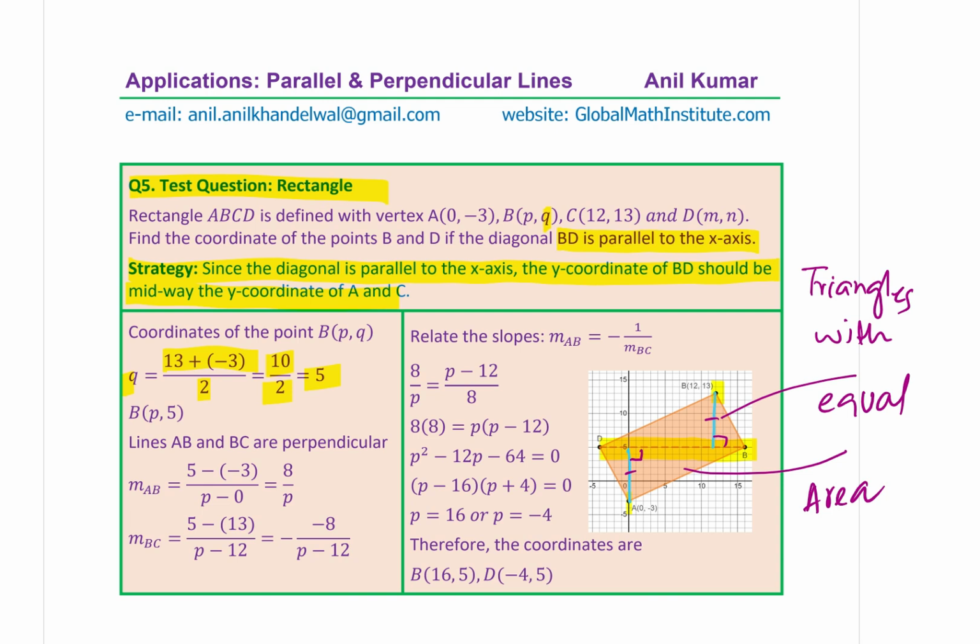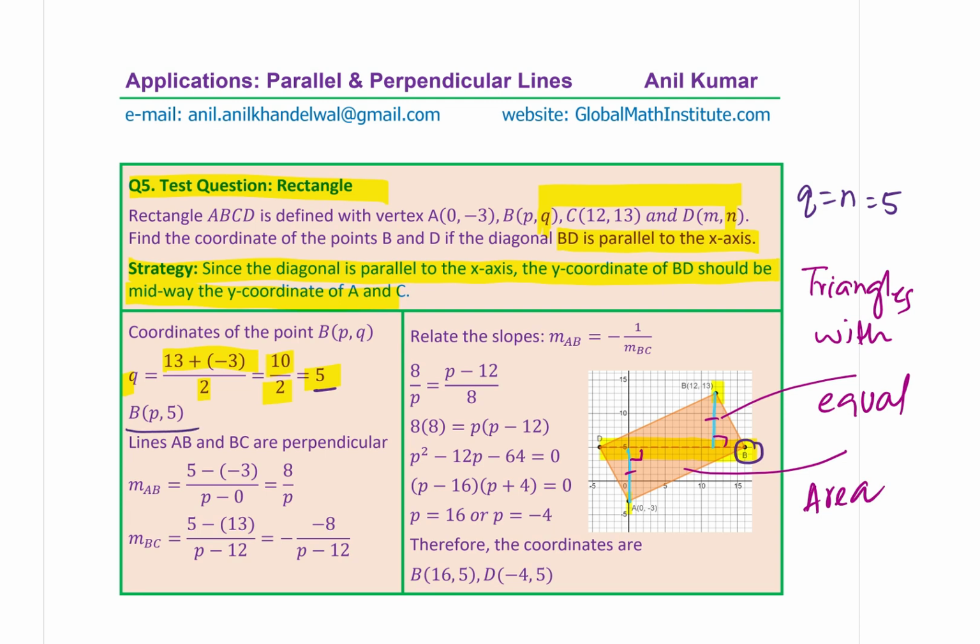So the first thing we did was to find q. Now since it is parallel, we know m, n and q are the same, right? Parallel means the y values are the same. We know q is equal to n, which is equal to 5. So we are still working with point B, and here we have found that point B's y value is 5.